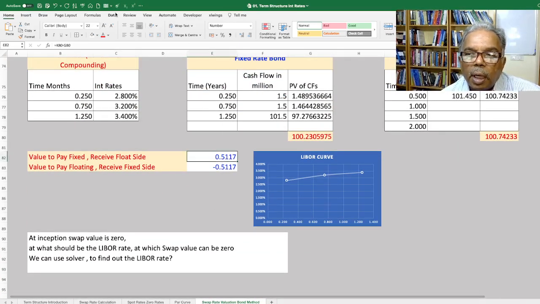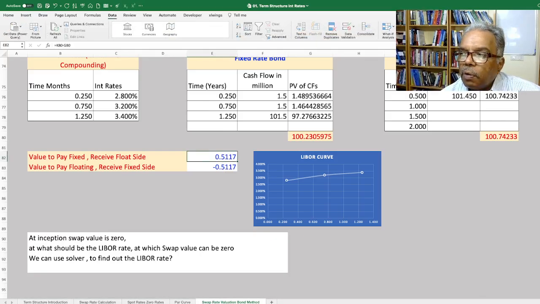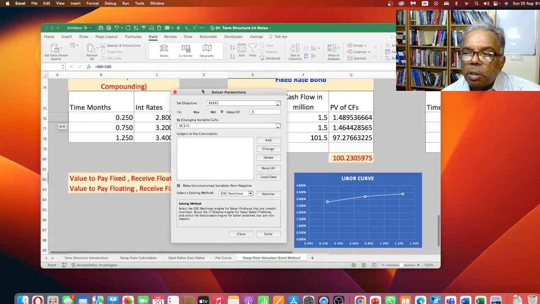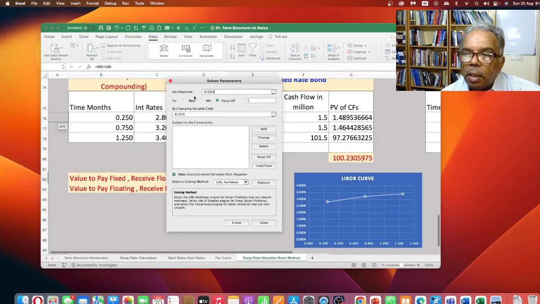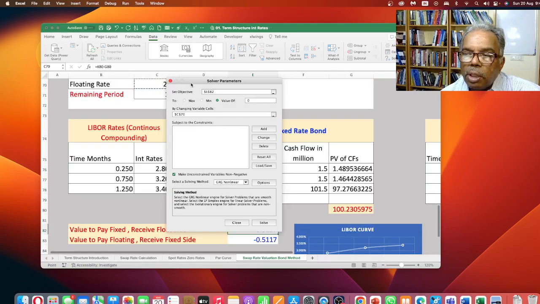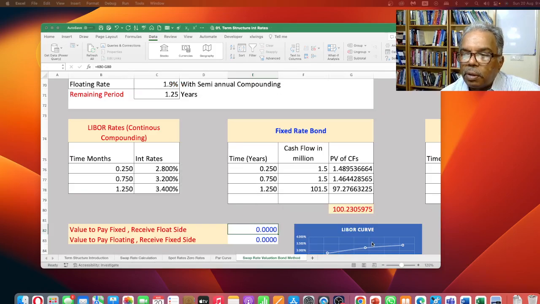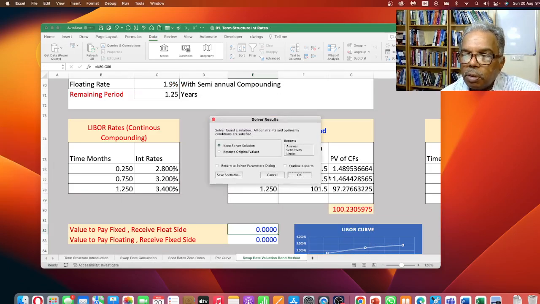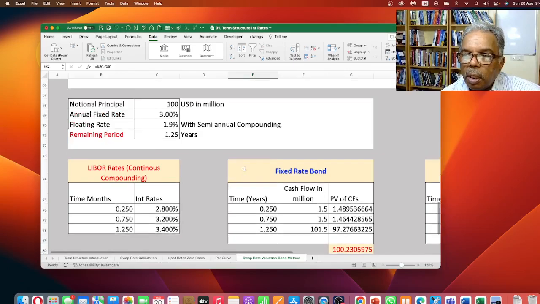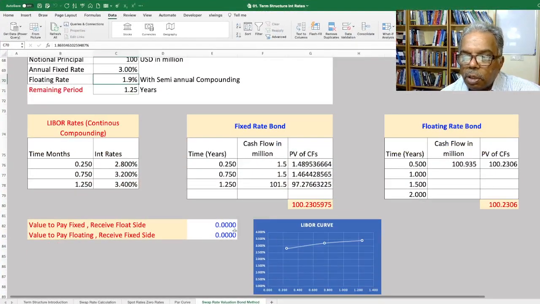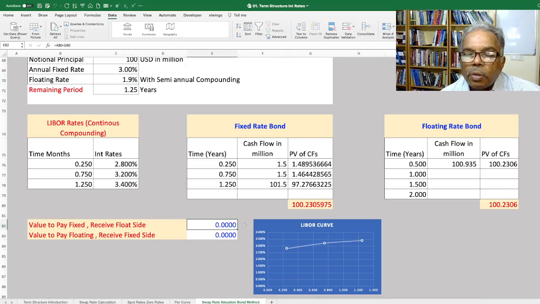We can simply run a solver here: we set the value to 0 by changing the spot rate, and solve it. We then get that at a 1.9% LIBOR rate, the value of the swap becomes 0.